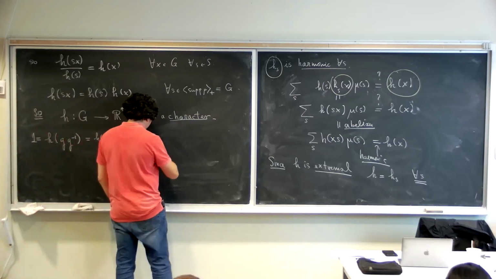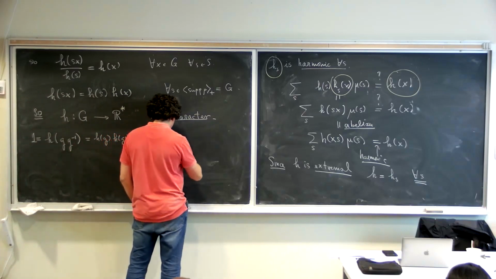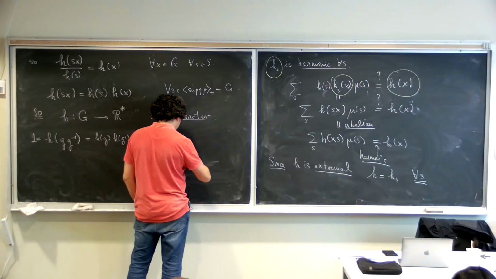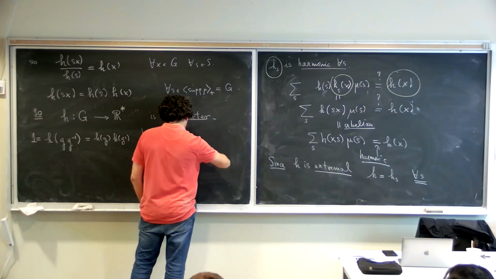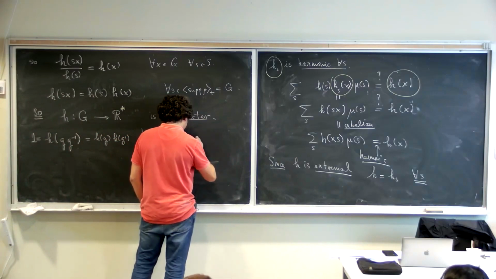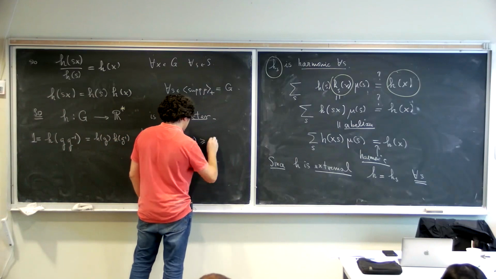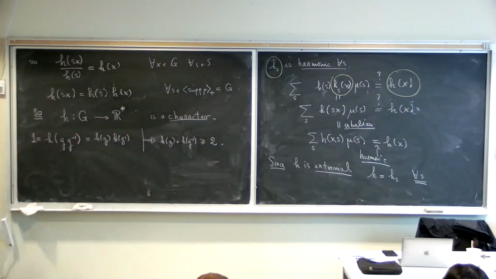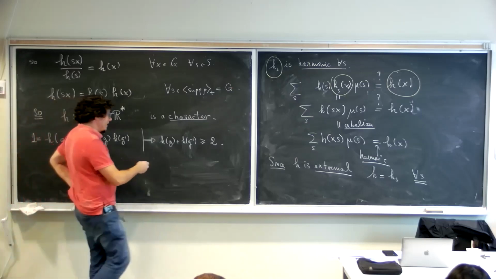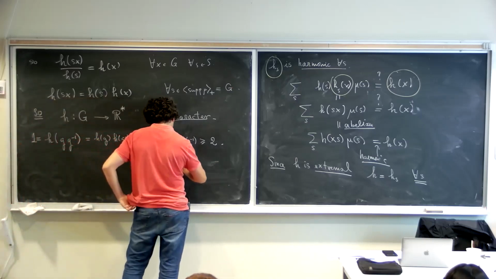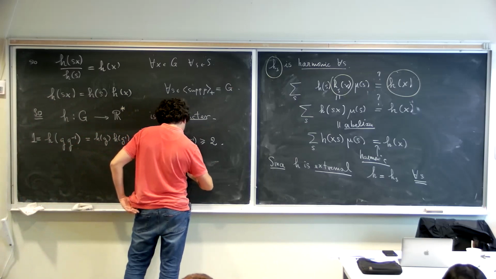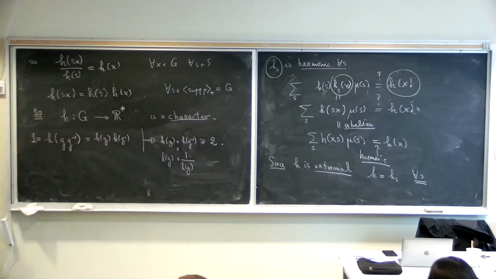So this implies that H(g) plus H(g inverse) is at least 2, because this is the same as H(g) plus 1 over H(g). If you take a real number and you add it to its inverse, it's at least 2.